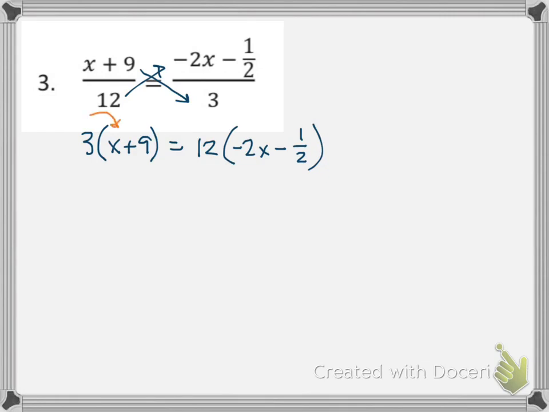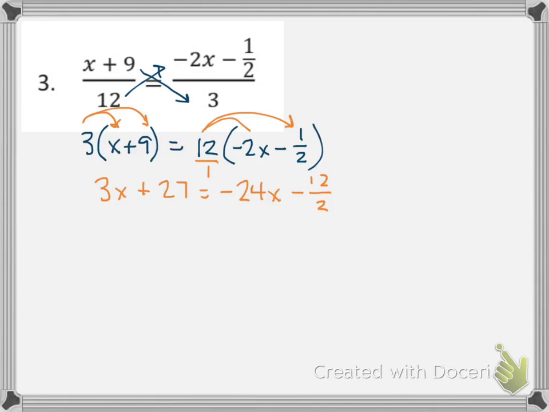Distributive property: 3 times x, 3x, and then 3 times a positive 9 is a positive 27, is equal to 12 times a negative 2, which would be a negative 24x. And then 12 times a negative 1/2. Well, that's 12 times a negative 1, so negative 12 is my numerator, and then 1 times 2 for the denominator, and that's just 2. And we could simplify that more, and we'll do that next.